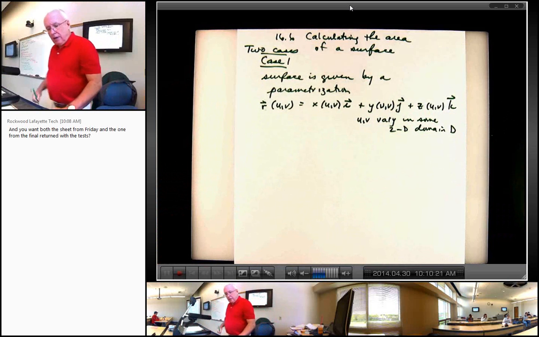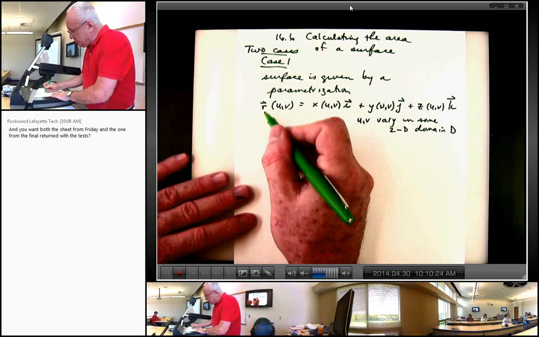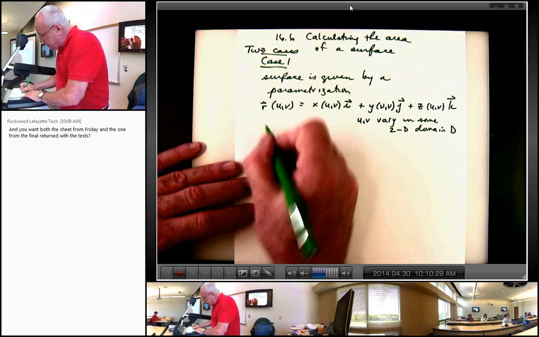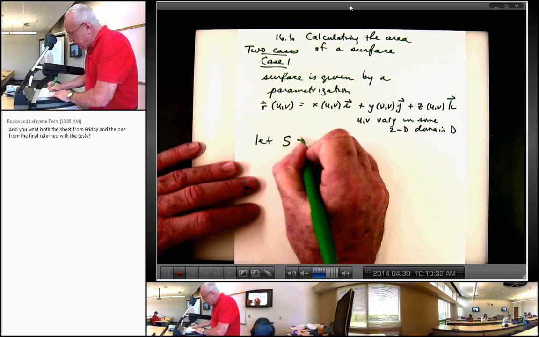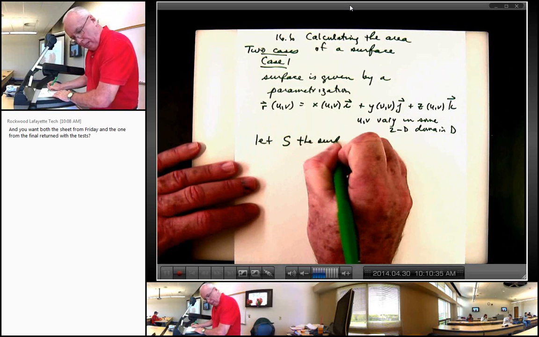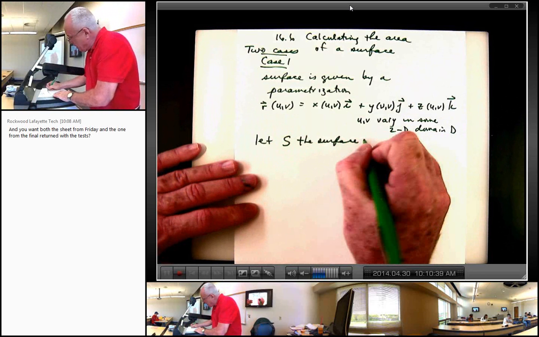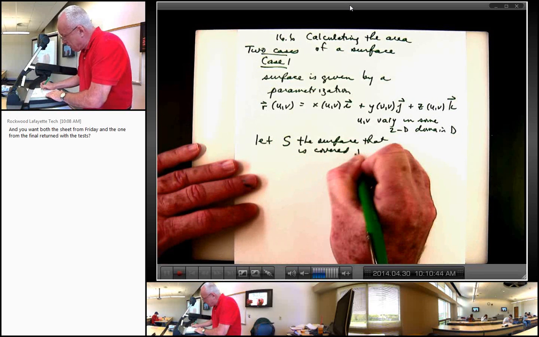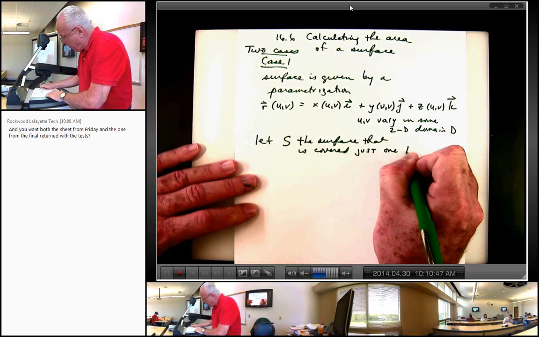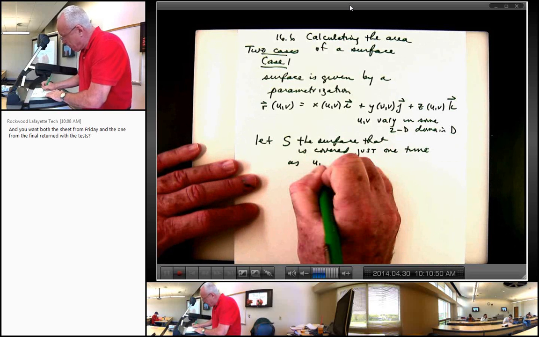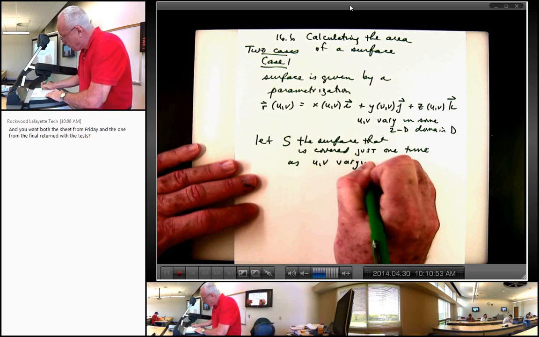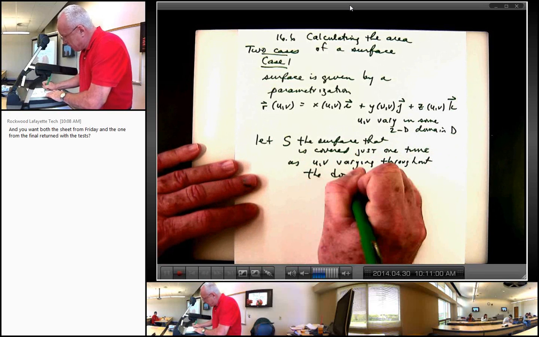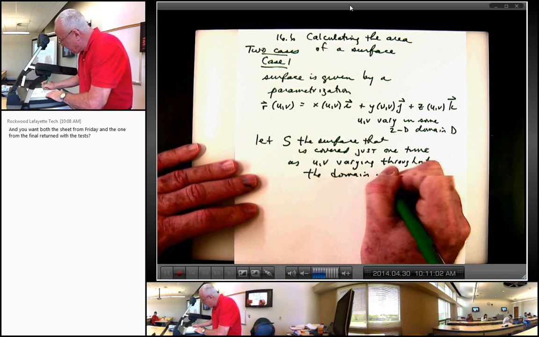All right. Now in this case, this is how our surface is given, and let's call capital F the surface that is covered just one time as u and v vary throughout the domain D. So what I'm saying here is we don't want to paint the surface twice.